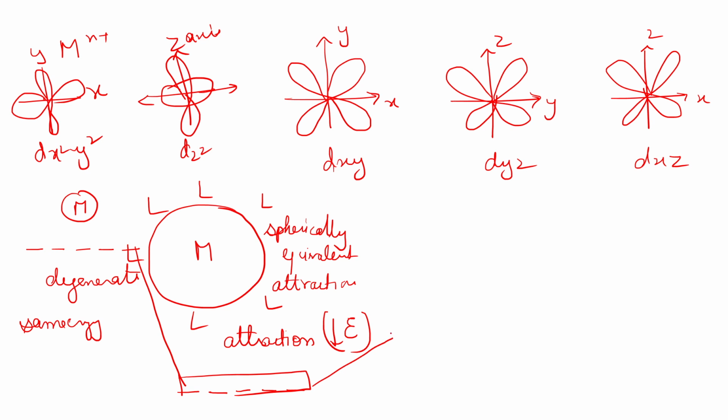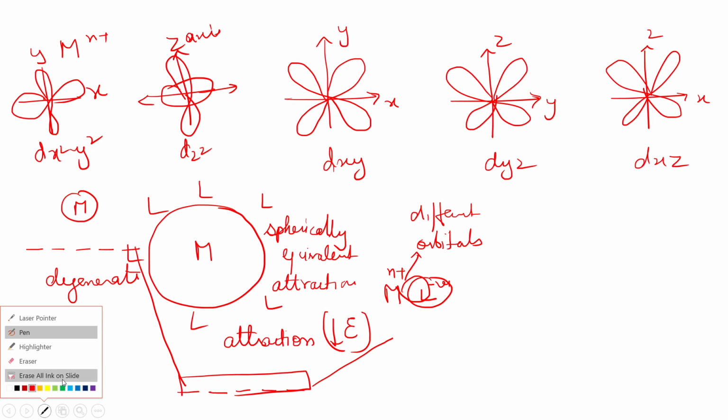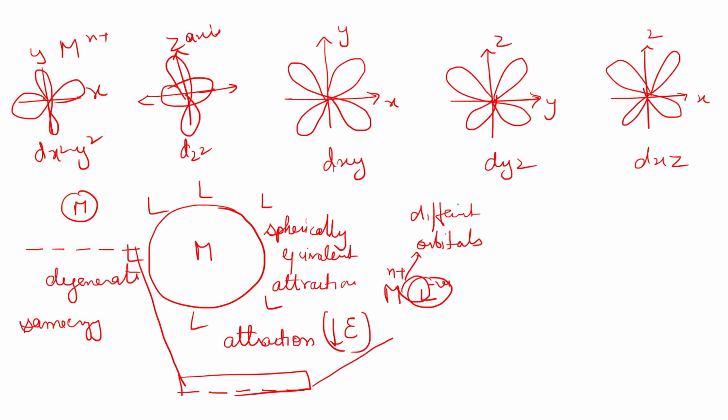Now a stage will come when metal and ligand are close. The ligand has negative charge, the metal has positive charge. The metal has different orbitals; you can see now these five d orbitals are present. Let's say an octahedral complex is being formed.